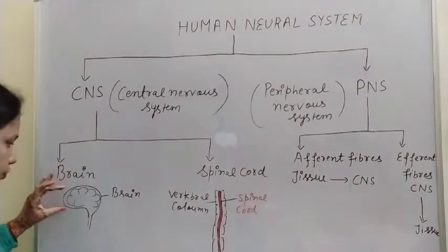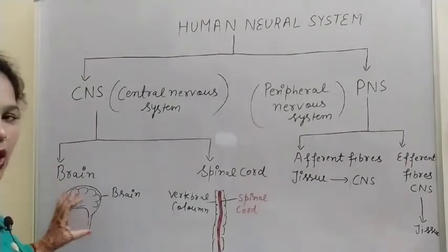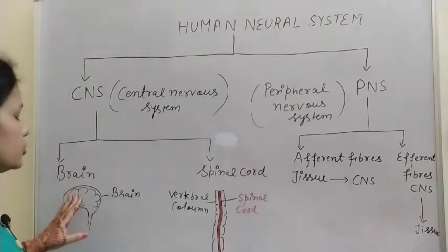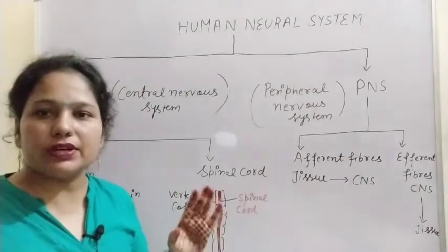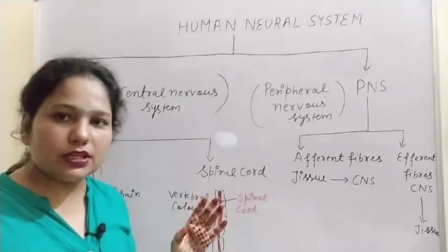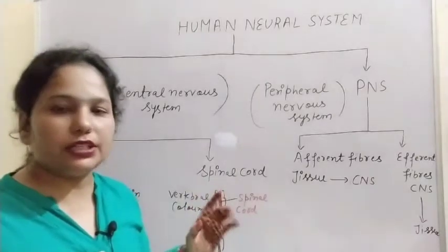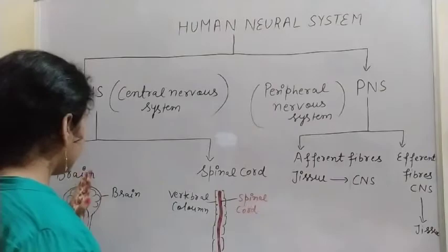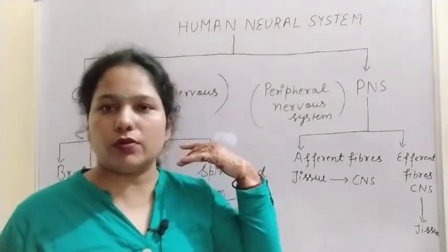You are aware that the brain is present inside the cranium part of our skull, and all the activities of our body, like thinking, hearing, memory, personality, reasoning, learning, or maintaining the posture of our body, are maintained by our brain. It is present in the central axis of our body.